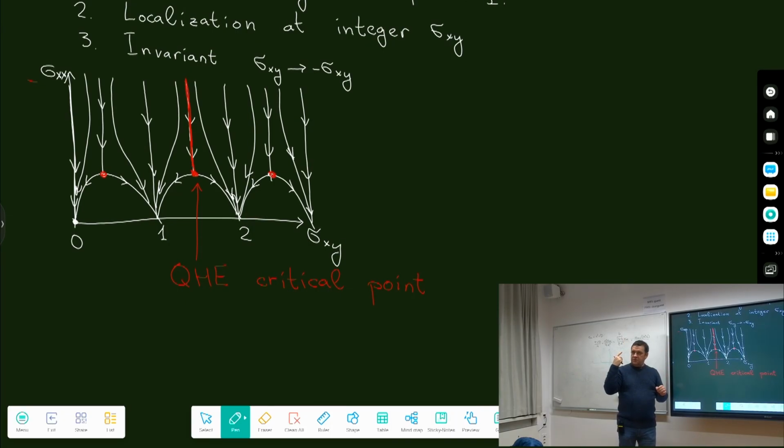There is a certain law how this depends on temperature. This law is called the dynamic exponent. It's a critical exponent of this critical point. So you can measure it experimentally and investigate the vicinity of this point.